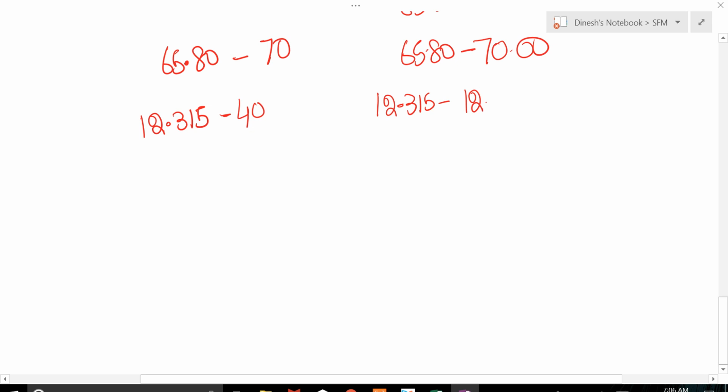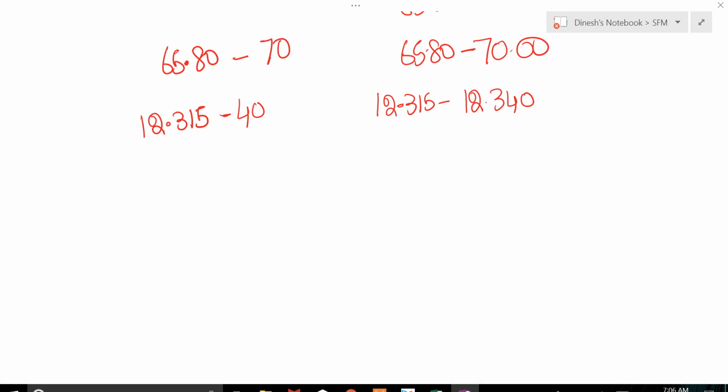Please listen. In the pips portion also, if the number is the same, they are not going to give that number. This is the last two decimals of the pip. So 12.315 hyphen 12.340 will be written as hyphen 40, that's all.